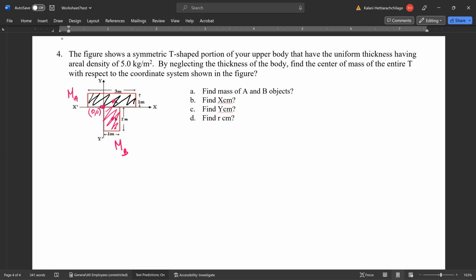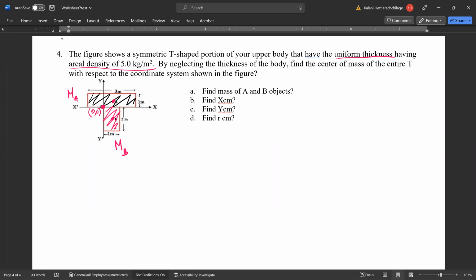Okay, so now let's see what is given. The figure is of a symmetric T-shaped portion of an upper body that has uniform thickness having the areal density. So this information is important. Areal density is basically mass over area, not the usual density. Density is mass over volume. Here it says areal density. Areal density is mass over area.